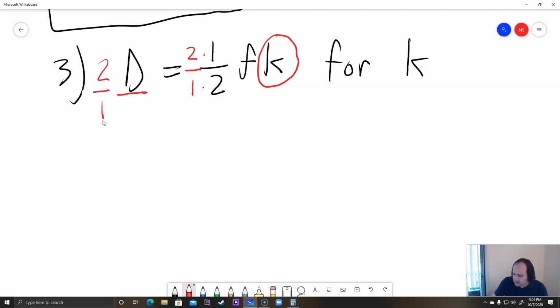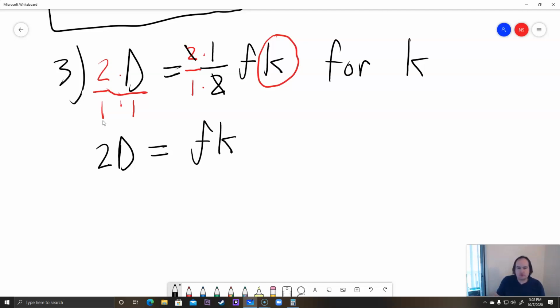So on the left side, we have d over 1 times 2 over 1. After we do that, you should have 2d on the left side, and on the right side, the 2's cancel. So we're just left with f times k. So we have 2d equals fk.